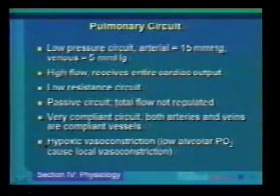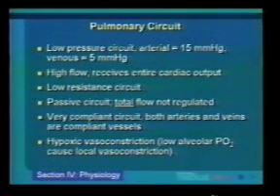Another characteristic that we will reemphasize in respiration is that the pulmonary circuit demonstrates a phenomenon called hypoxic vasoconstriction. Now, this phenomenon is restricted to the pulmonary circuit. We'll reemphasize it later, but hypoxic vasoconstriction is initiated whenever you have a low alveolar PO2.